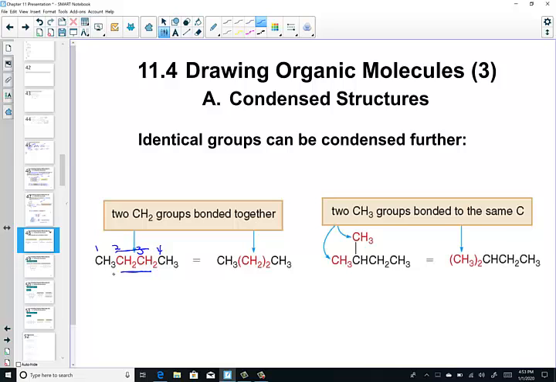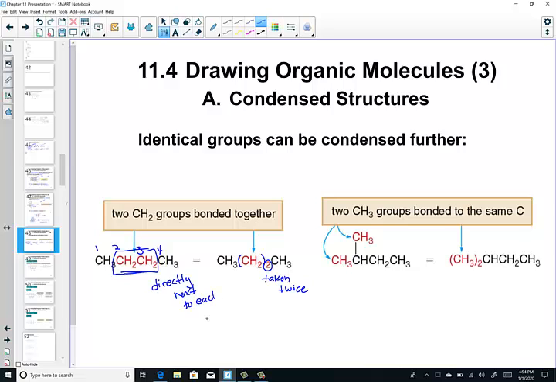So this part of the molecule can be further condensed by placing the CH2 group inside parentheses with the subscript outside. That's read as taken twice: CH3, CH2 taken twice, CH3. But they have to be directly next to each other in order to simplify.